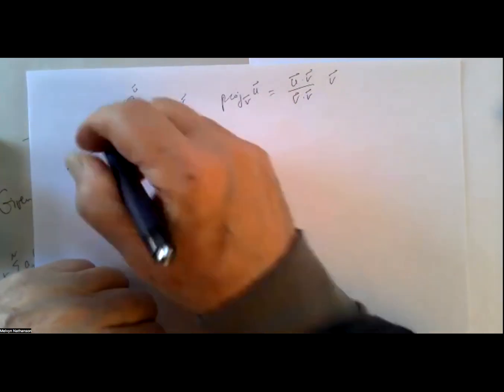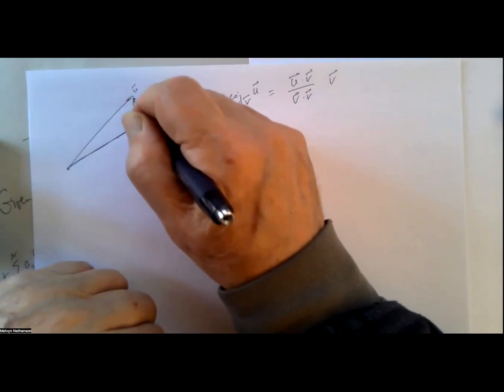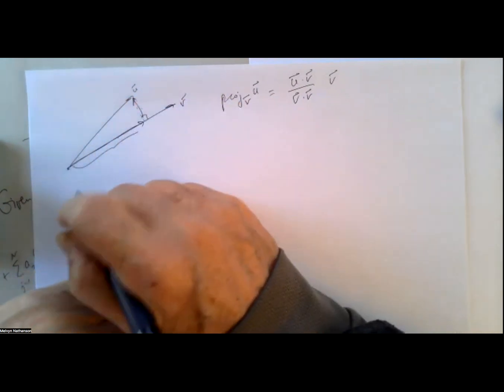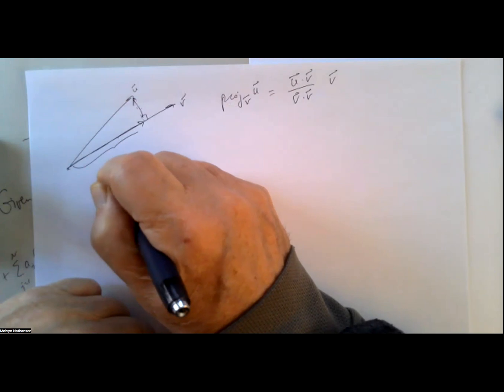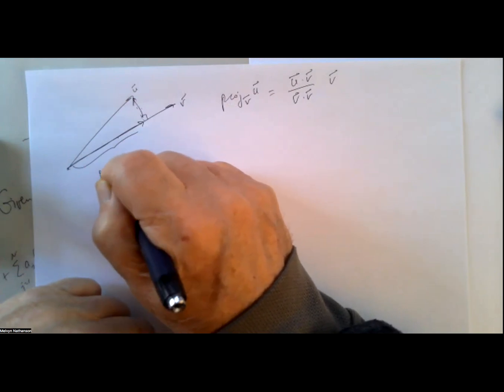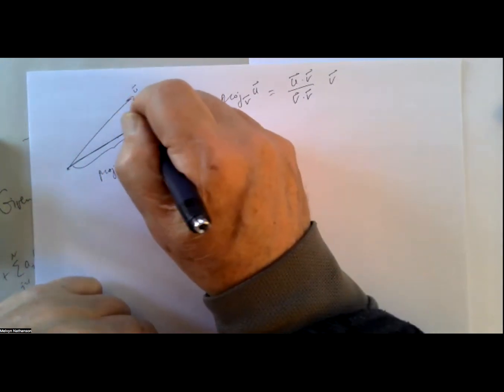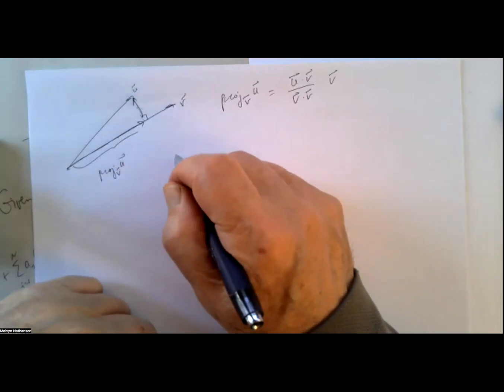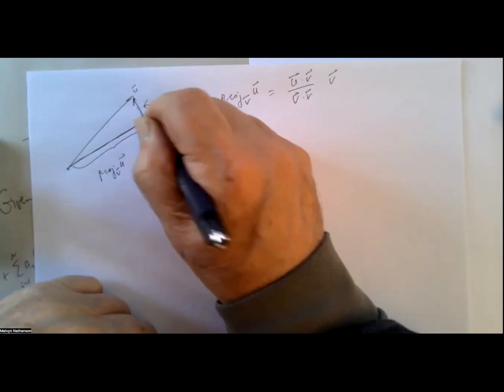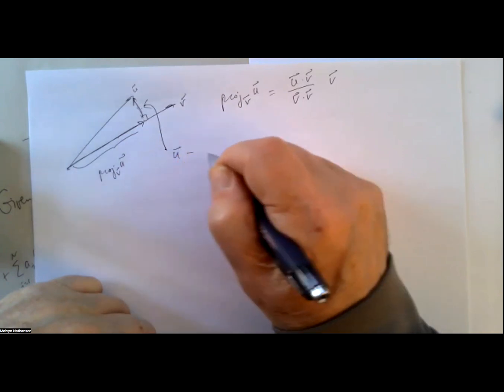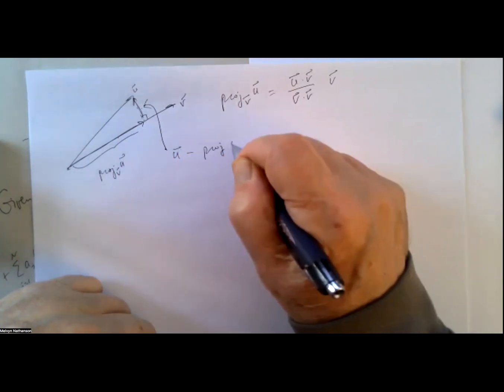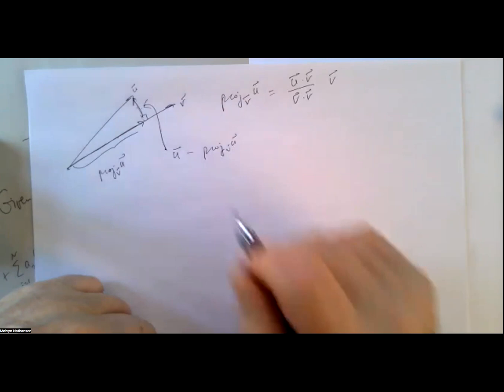It's this plus this equals this. So this is the projection of U in the direction of V. So this perpendicular piece is going to be U minus the projection of U in the direction of V.